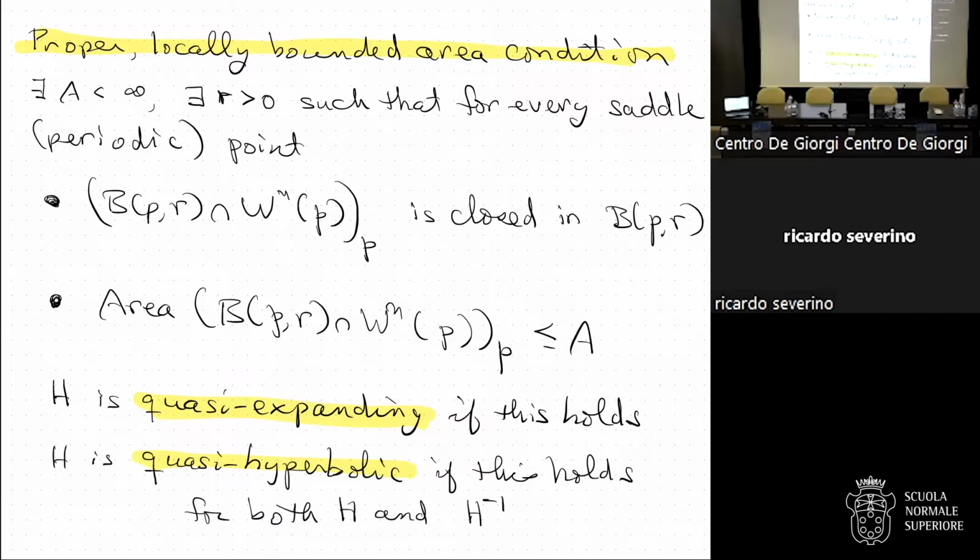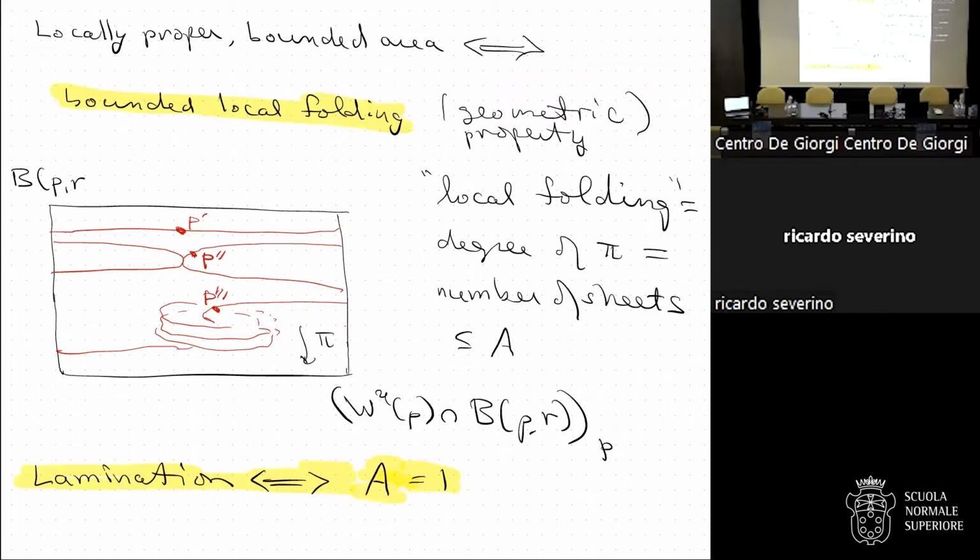Right, I'm taking your advice in advance. Yes, exactly. If H and H inverse are both quasi-expanding, then it's quasi-hyperbolic. And so what Jeff said is that locally proper and bounded area is equivalent to bounded local folding.